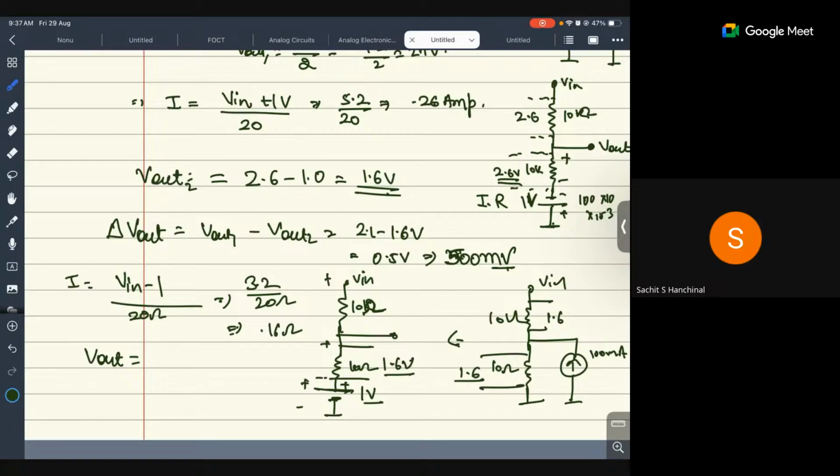So V out is 2.6 volt. So what is the difference del V out? 2.6 minus 2.1, that is 500 millivolt. But we changed the direction. Calculation is changed, direction is changed.